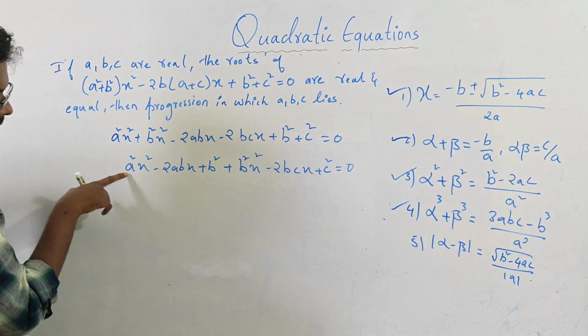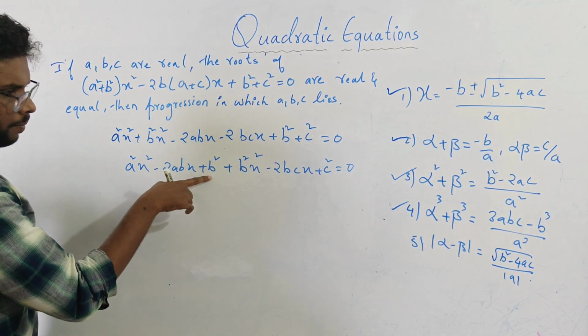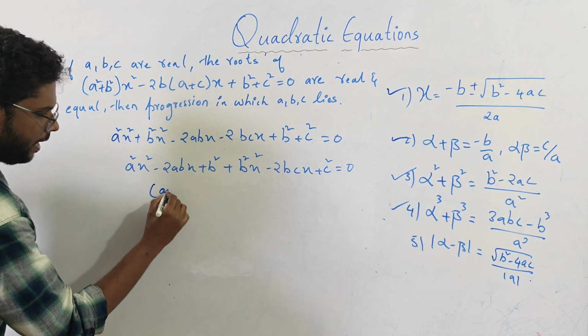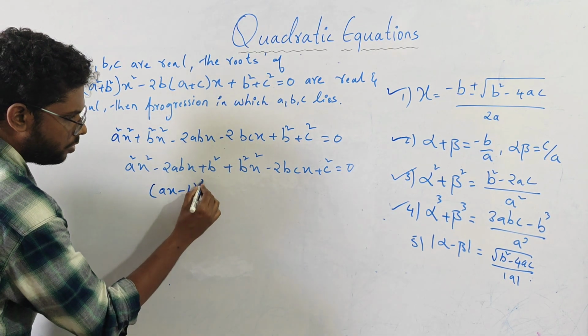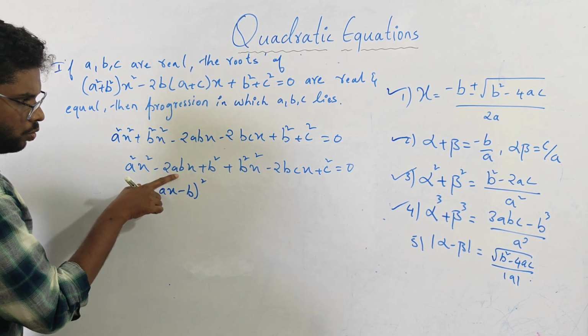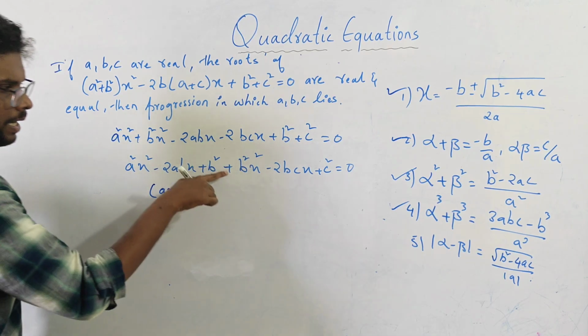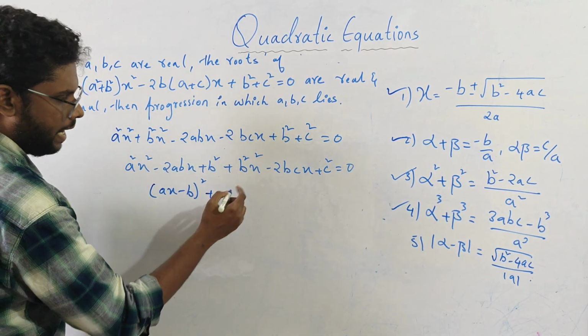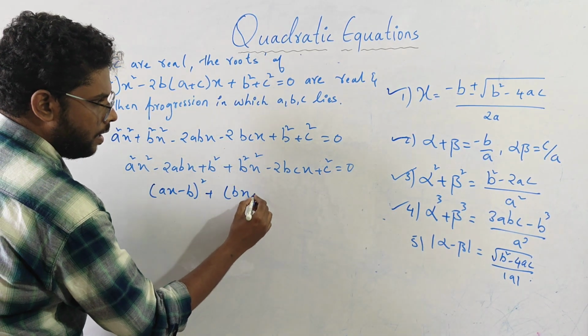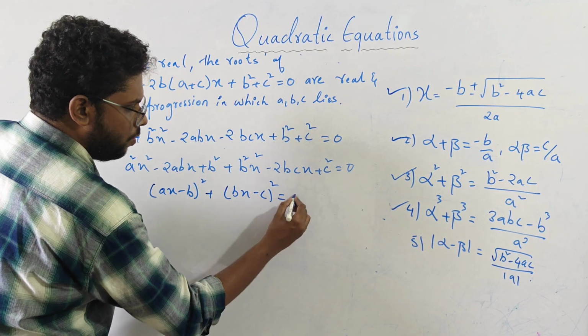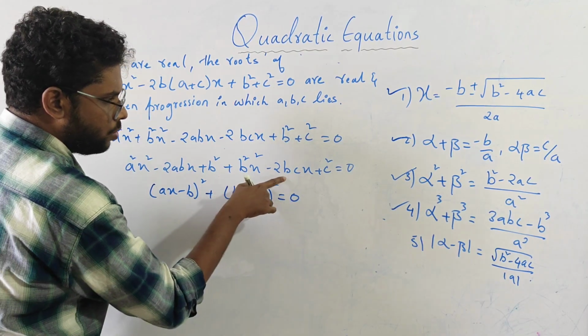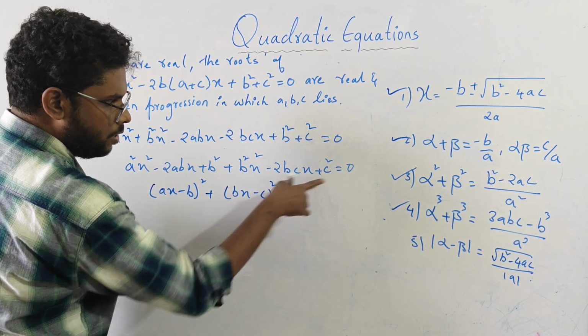What is a? a is nothing but ax, b is nothing but b only. So can I write like this, (ax minus b) whole square. Similarly here also, can I write like this, (bx minus c) whole square, equal to 0. If you expand this, you will get this only.